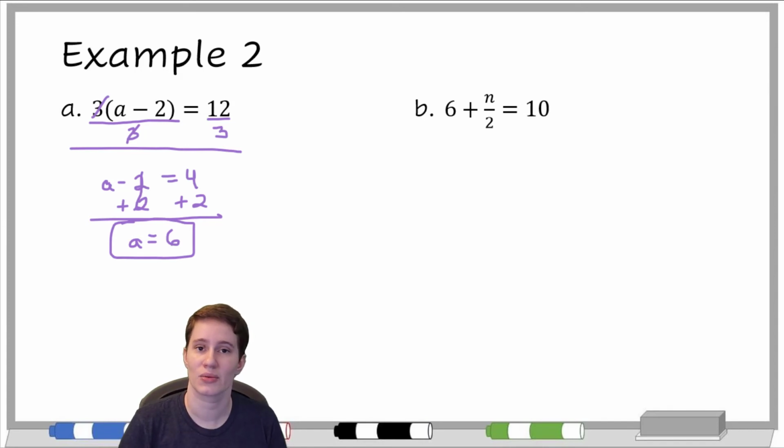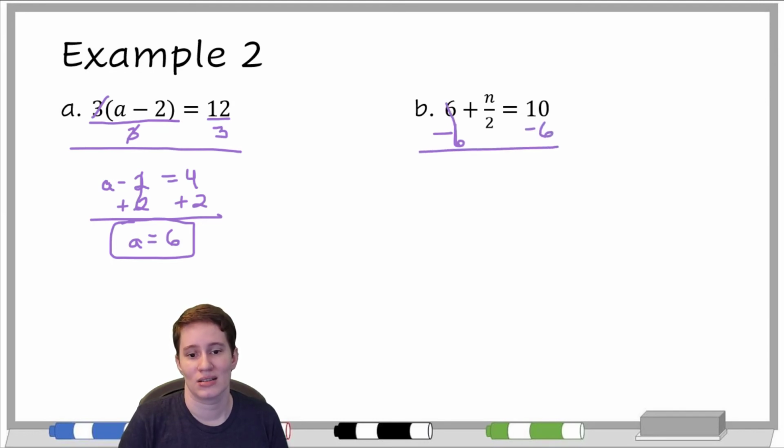And this next one may look intimidating because of this fraction, but again, we want to think of this n divided by 2 as being stuck together until the very end. So that 6 is what we want to move first. So I would subtract this 6 because it's a positive 6. I'm not sure what happened with my subtraction sign there. Subtract 6, which gives us n divided by 2 equals 4.